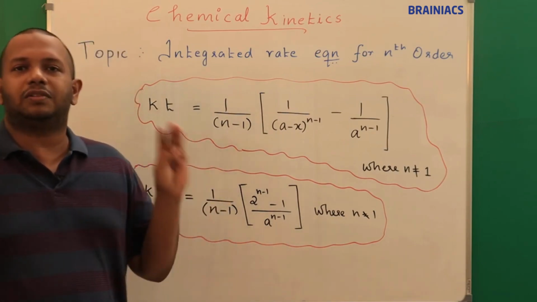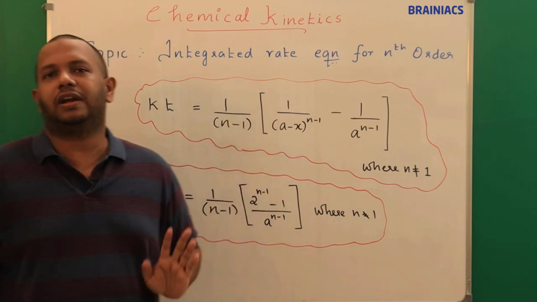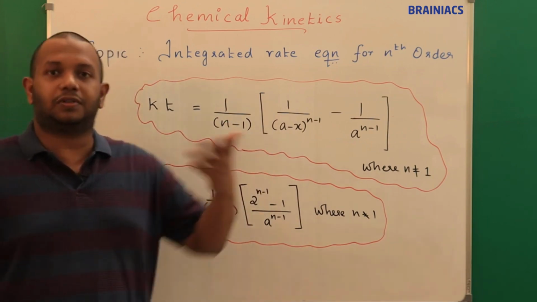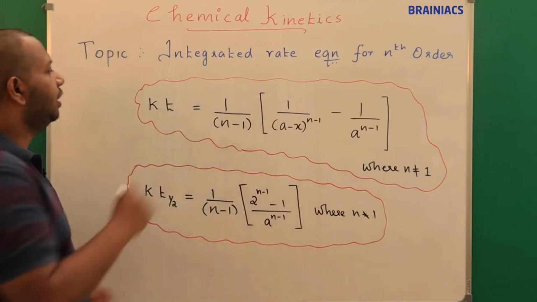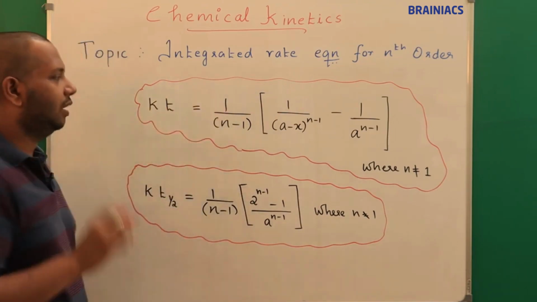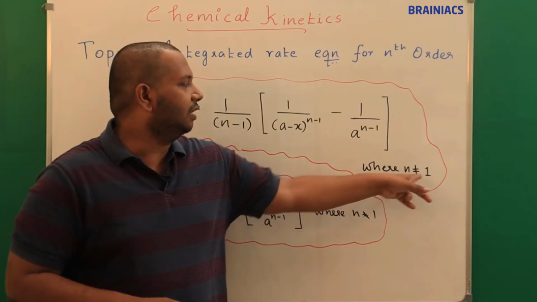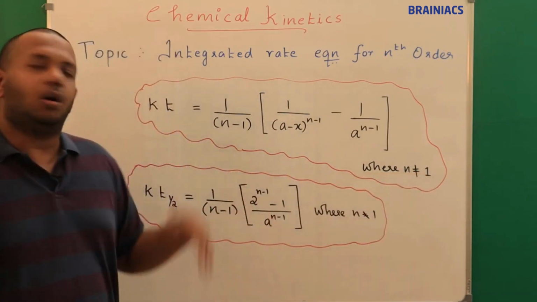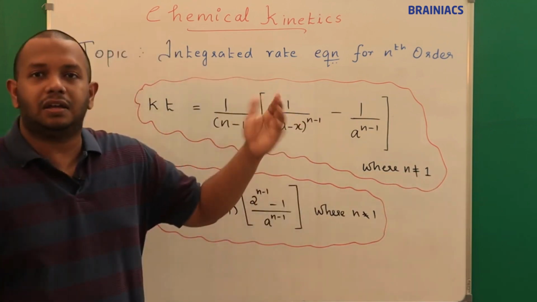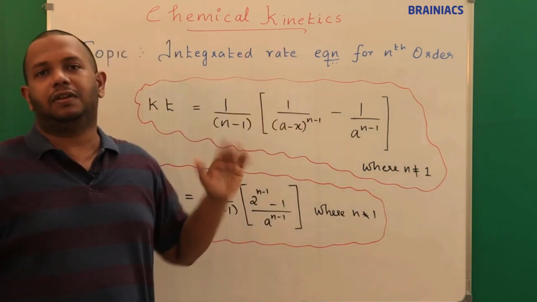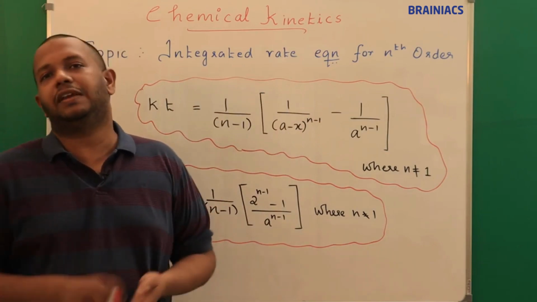So up to now they are always asking for zeroth order or first order reactions, but sometimes they can ask for second order and third order. So in the case of second order and third order only, please apply this equation. That's why I am clearly saying n should not be equal to 1, and don't apply it for 0 also. It is always better to apply for n greater than 1. If it is a second order reaction, they will tell it very explicitly.